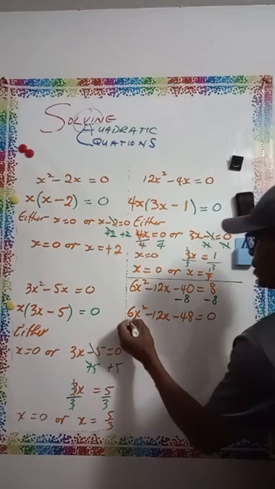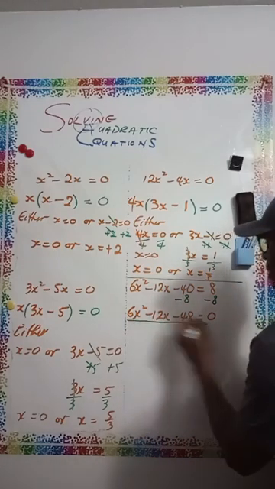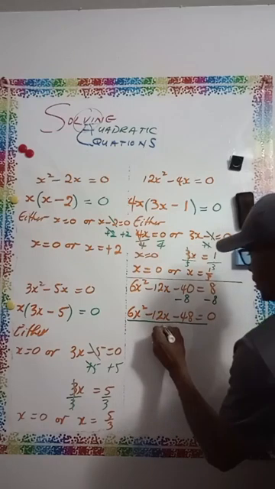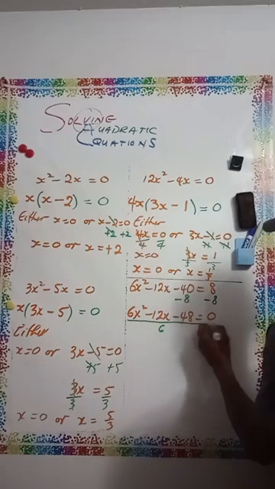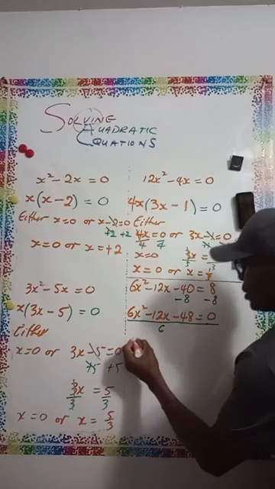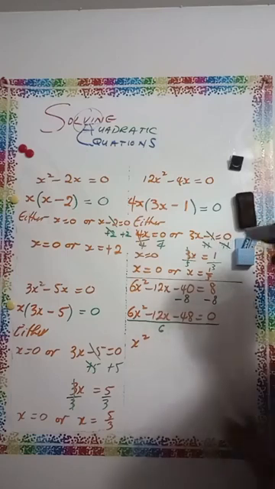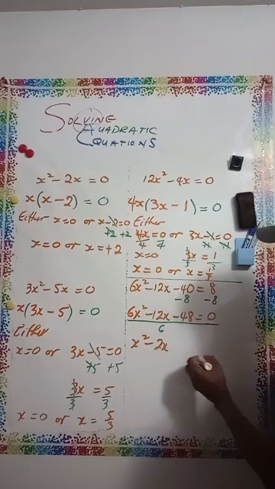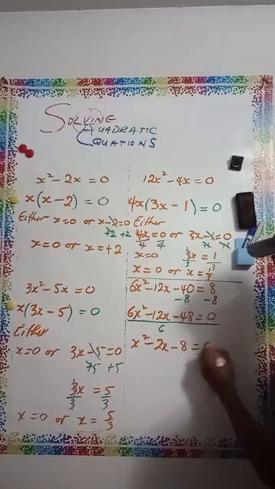So you're going to divide both sides by the highest common factor of 6, 12, and 48. The 6. You're going to divide through by that. So we're going to leave it: 6 into 6x squared is x squared. 6 into negative 12x is negative 2x. And 6 into negative 48 is negative 8.